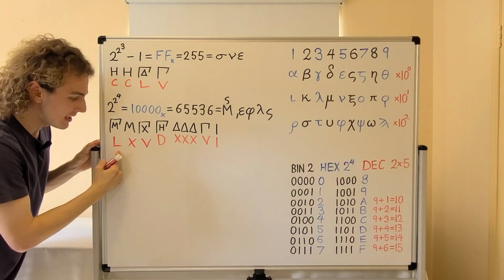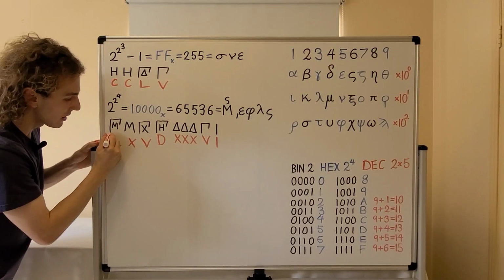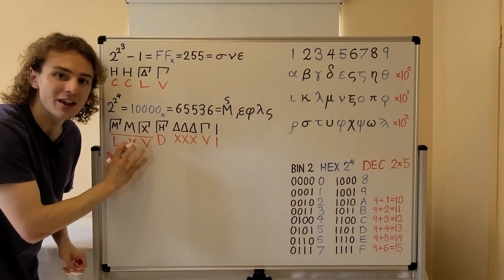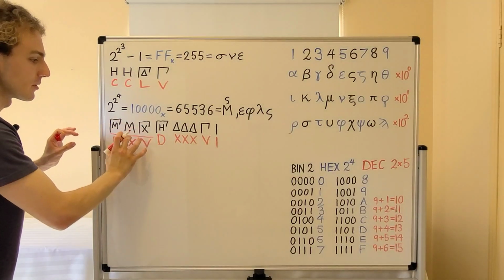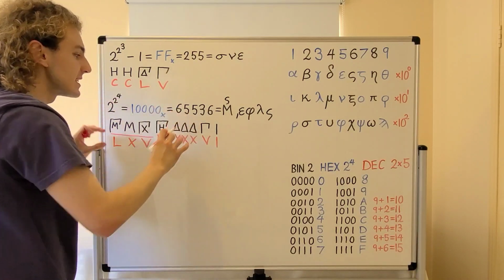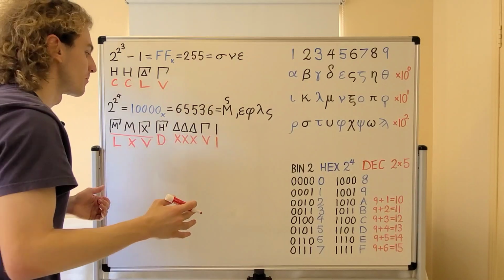So L is 50, then we have 10, and then we have 5. That gives us 65. And we can write a bar above that, and that indicates multiplication by 1,000 in Roman numerals. So this part is slightly different, because in Roman numerals, we prefer to deal with thousands, but using the Greek system, we prefer to deal with myriads, which are 10,000s.